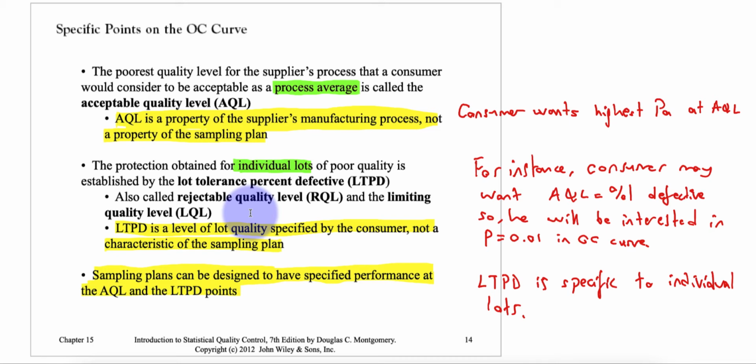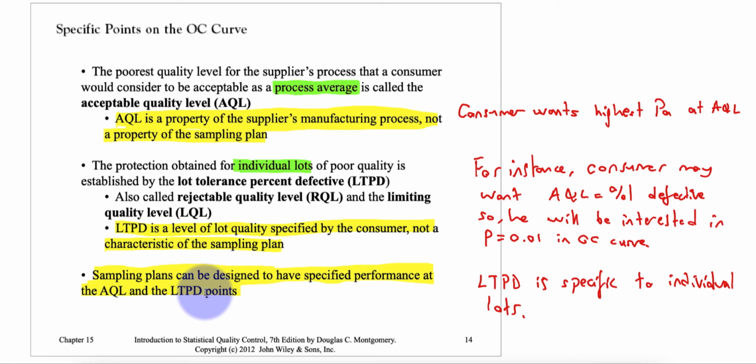Okay? And sampling plans, we have introduced the single sampling, double sampling, multiple sampling, etc. These sampling plans can be designed to have specified performance at the AQL and the LTPD points. So we will use this AQL and LTPD to construct our sampling plan.